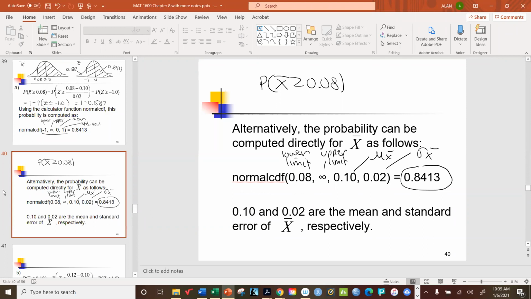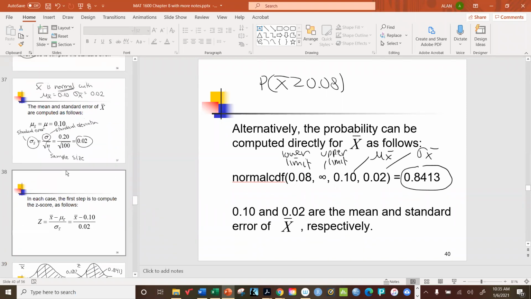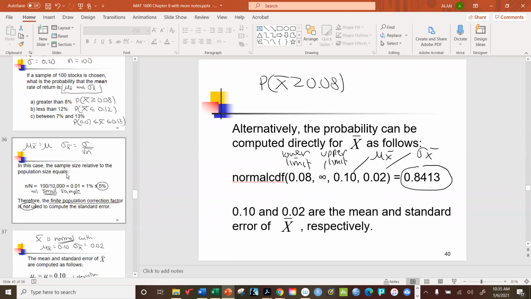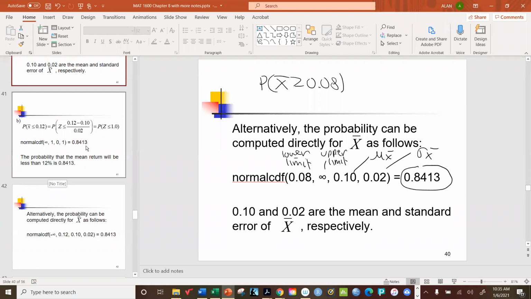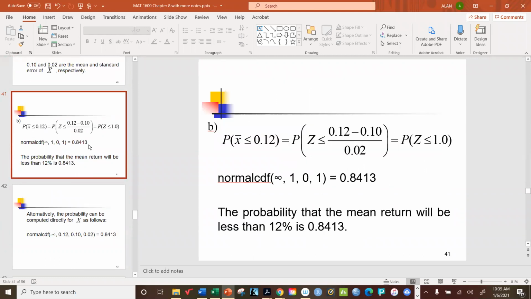So what was the second question? We were looking for the probability now that X bar is less than 12%. All right, so here we go. We're going to do this in two different ways. We're going to calculate our Z-score by subtracting the mean and dividing by the standard error.